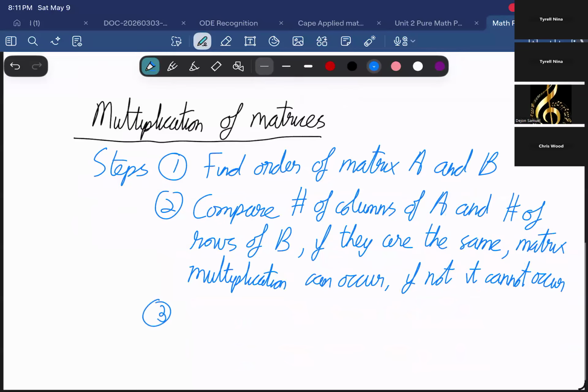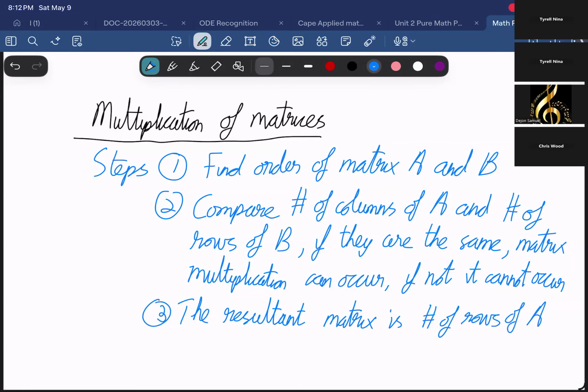Step 3, the resultant matrix has the number of rows of A and the number of columns of B, right?